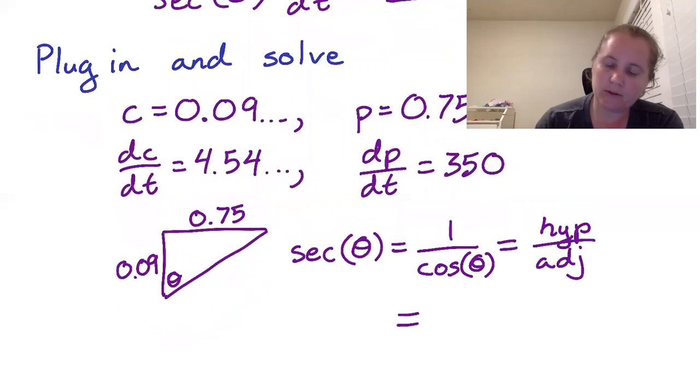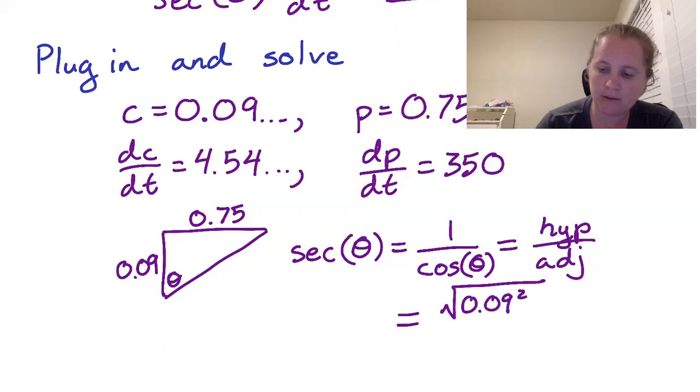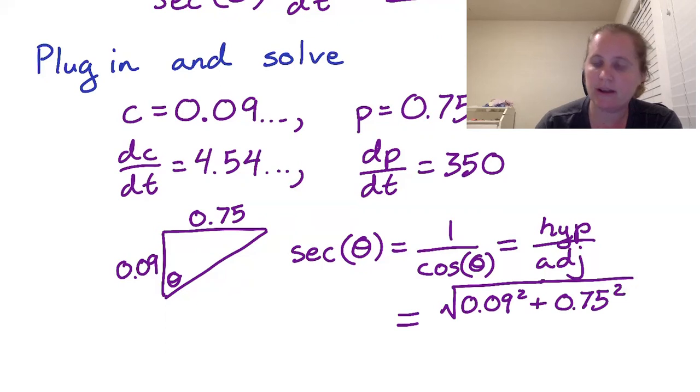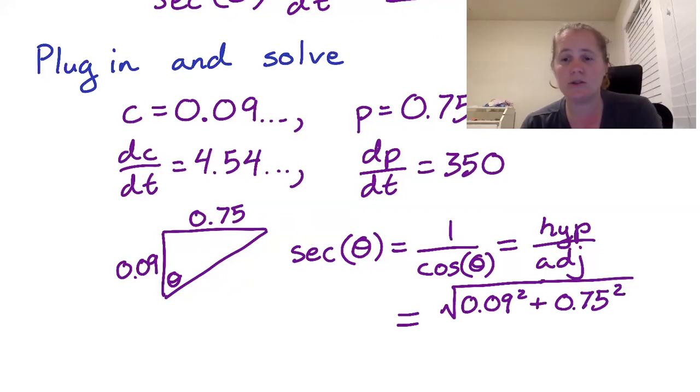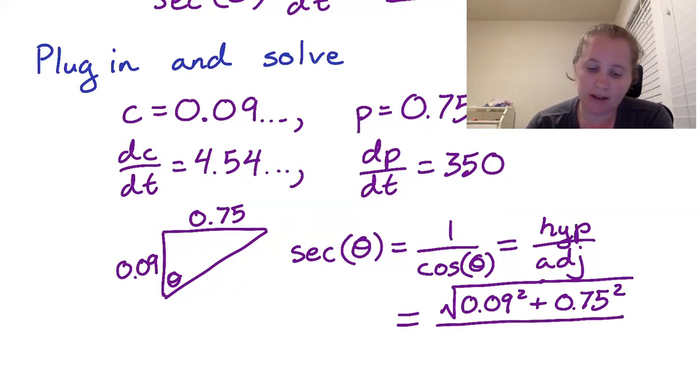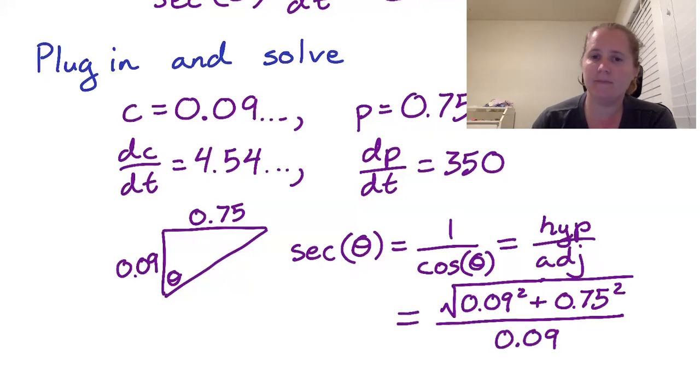So we could do the Pythagorean theorem and figure out the hypotenuse would be the square root of 0.09 squared plus 0.75 squared. Again, 0.09, I'm just doing a shorthand. That number is stored in my calculator. Then we divide this by adjacent, which was 0.09.